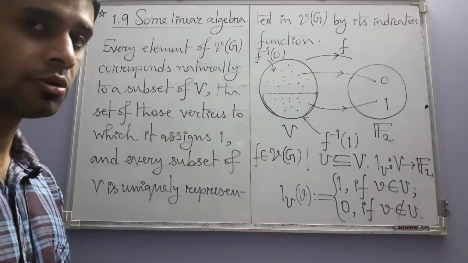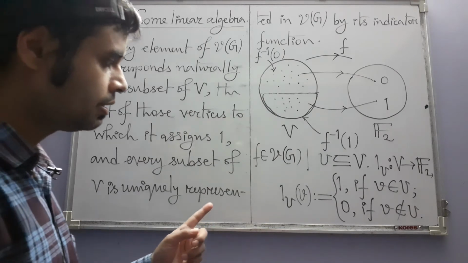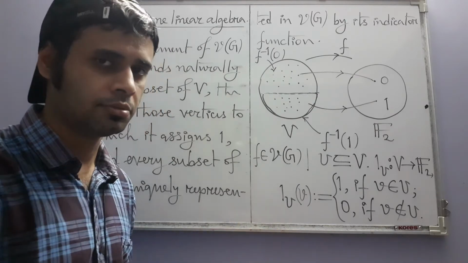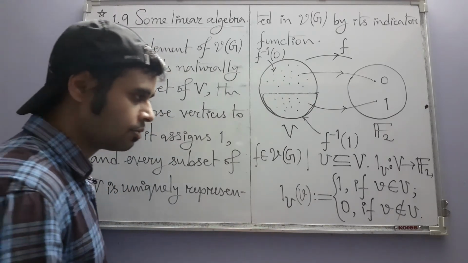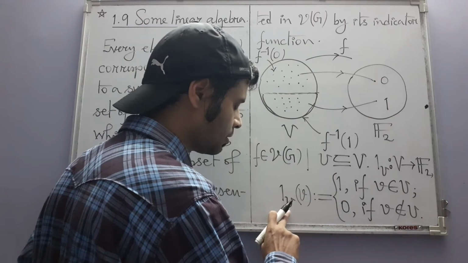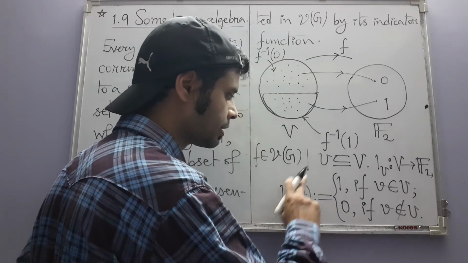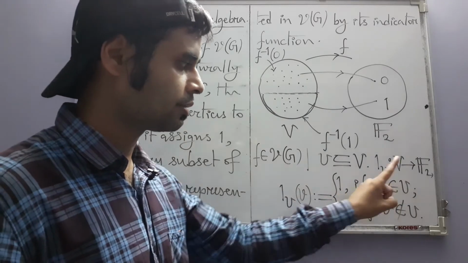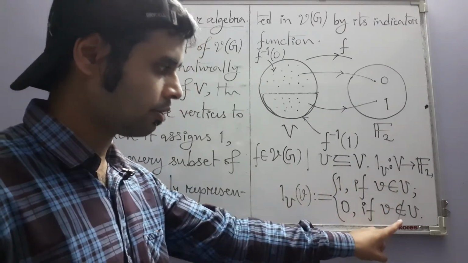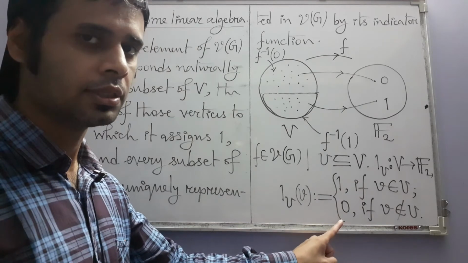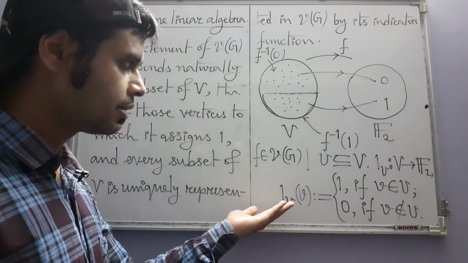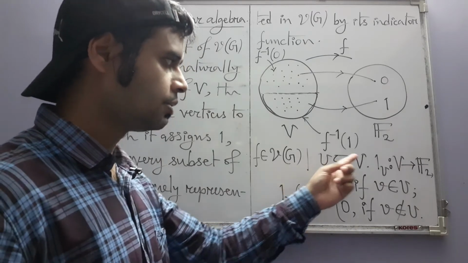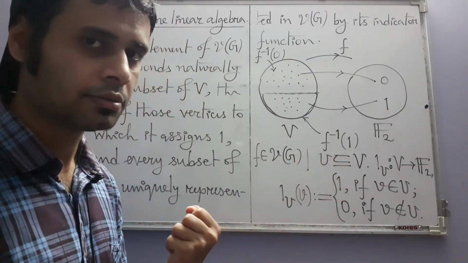Why is it called the indicator function of U? Because it tells us precisely what the elements of U are. How? By looking at which elements are getting mapped onto 1, because they are precisely the elements of U. The others which are not in U are mapped onto 0. And you can clearly see that if you are given a subset U, this in fact is a well-defined function.